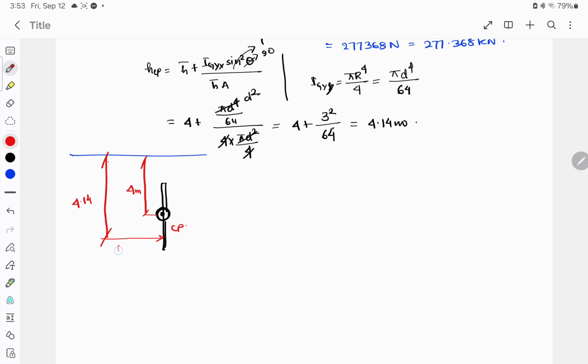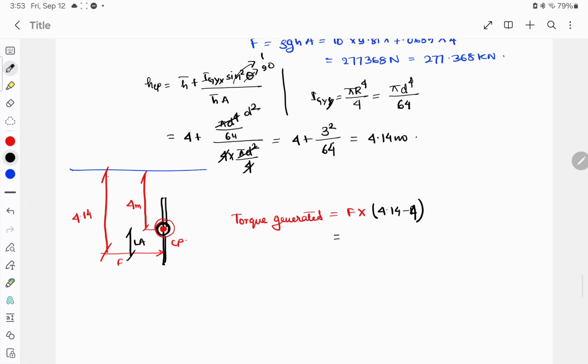So torque generated will be how much? Since it is rotating about this point, torque generated will be force into lever arm. Lever arm will be this distance. So it will be 4.14 minus 4.